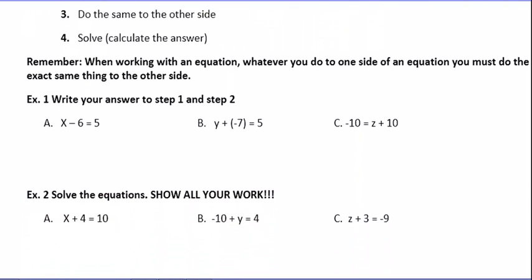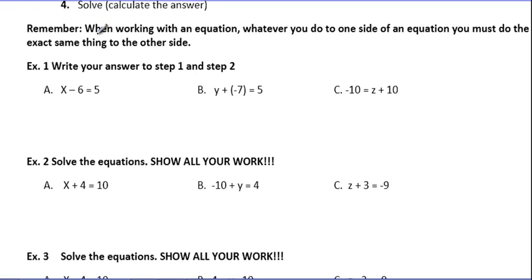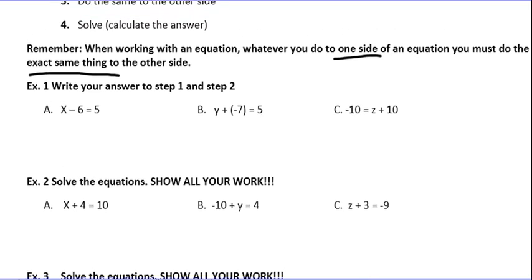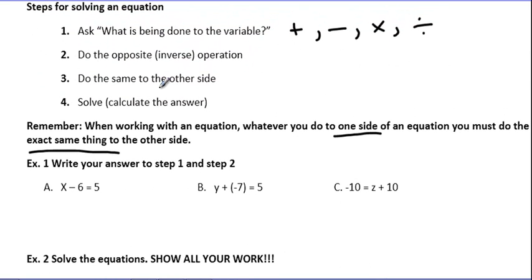Now, notice there's a little reminder here, which again says when working with an equation, whatever you do to one side of the equation, you must do the exact same to the other side. So, example 1, the directions ask us to write our answer to step 1 and 2. Step 1 asks the question, what is being done to the variable?